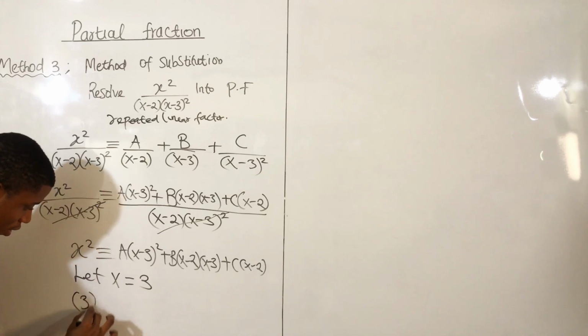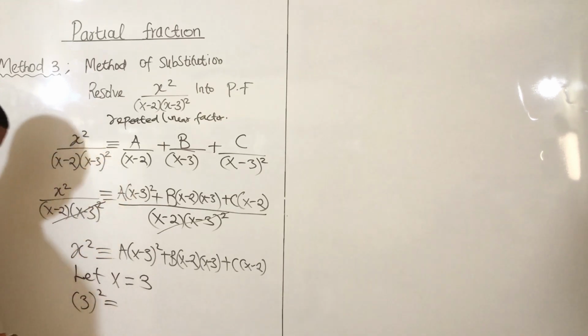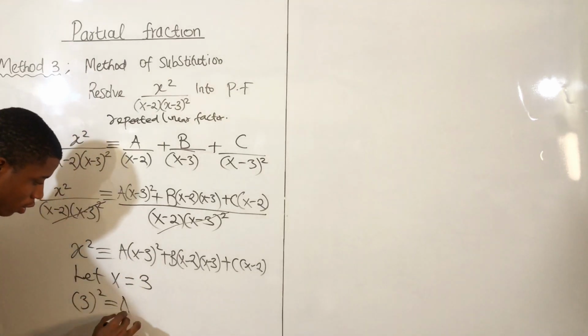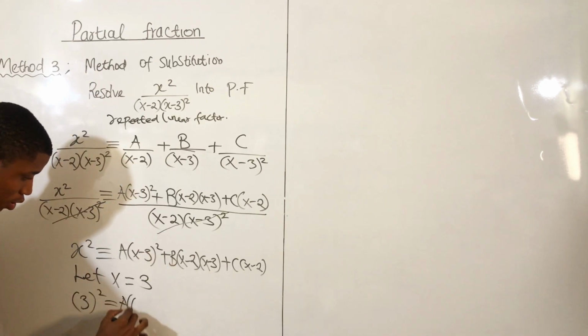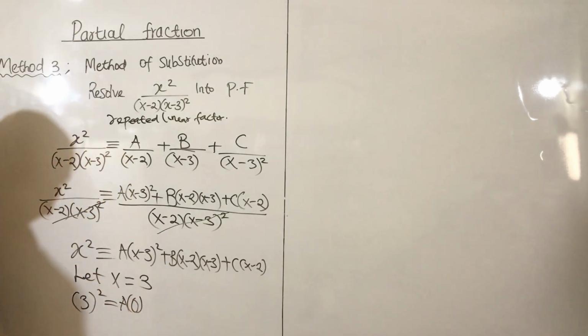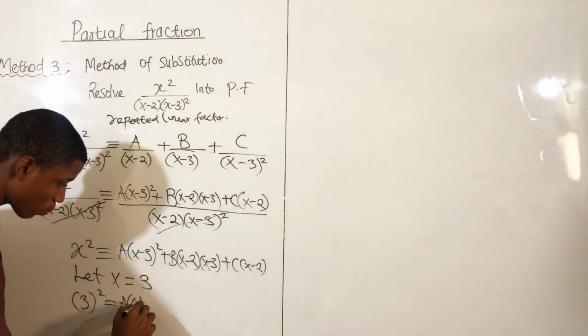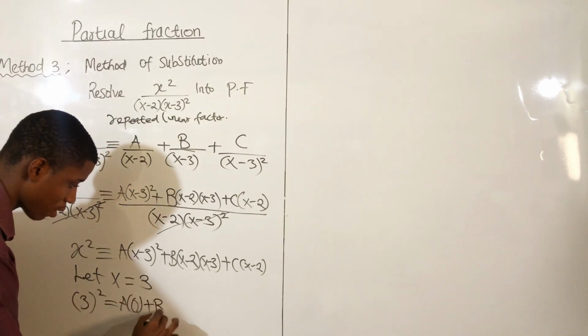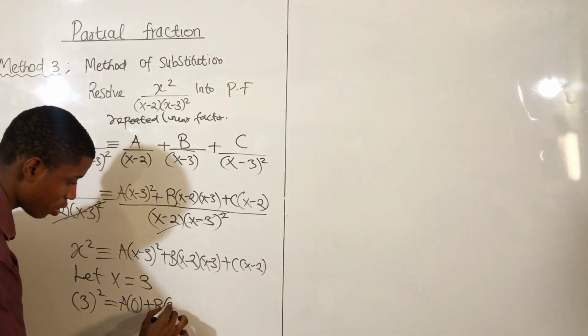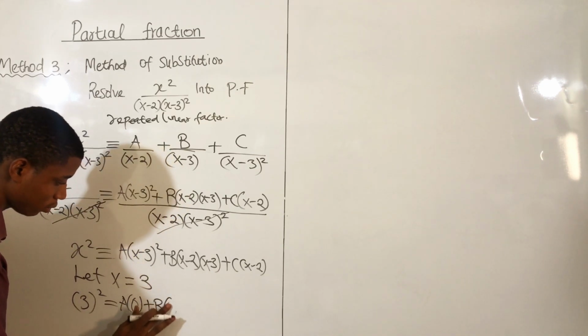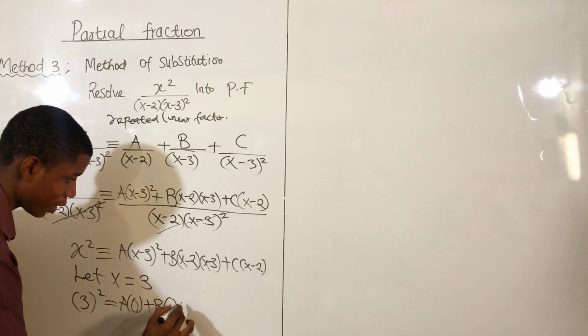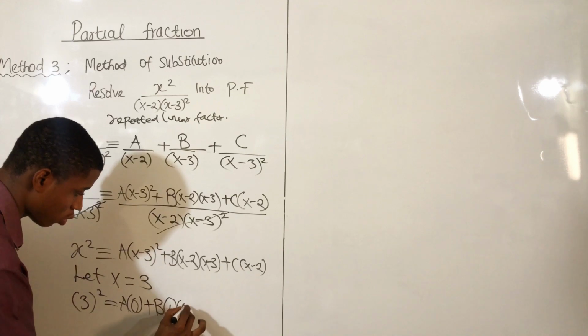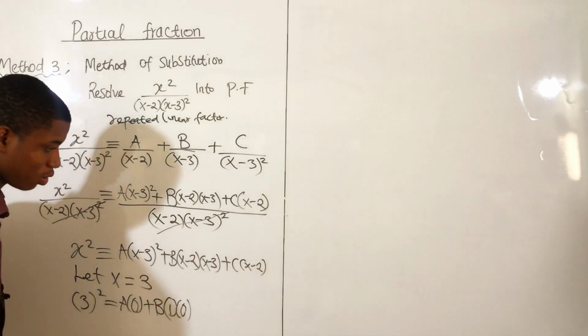If we make x equal to 3, we have 3 squared equal to A times (3 - 3), which is 0. The square of 0 is 0, so A will go out. Plus B(3 - 2), which is 1, so we have B(1)(3 - 3), which will render it 0 because 3 - 3 is 0.